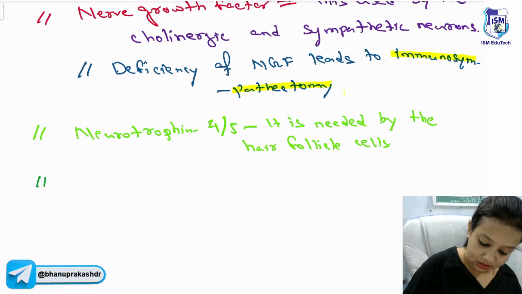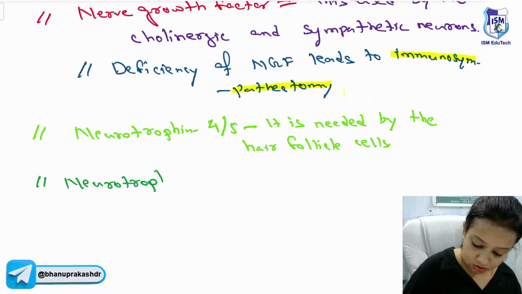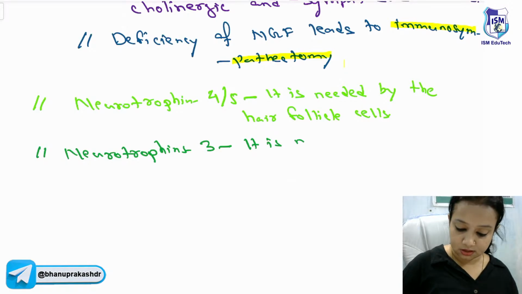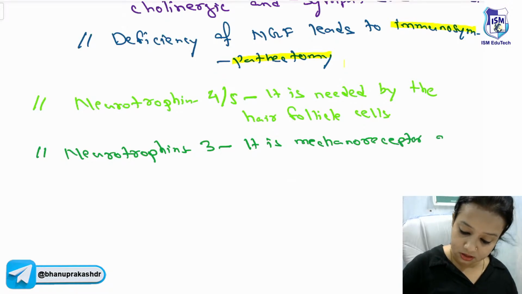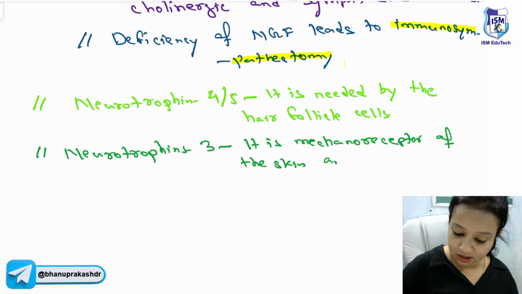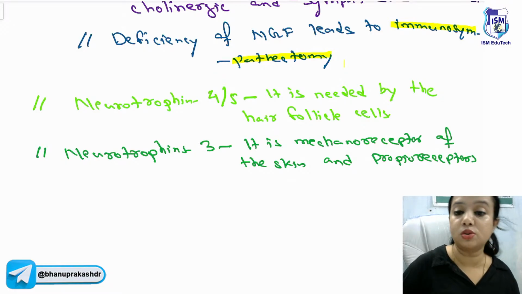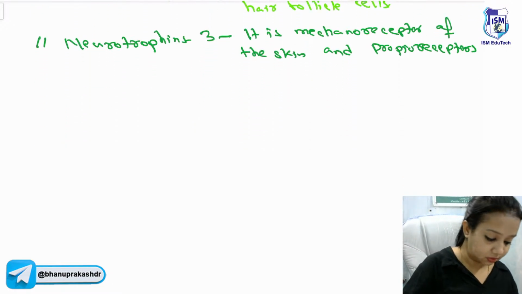Another one, as mentioned, neurotrophin 3, is needed by the mechanoreceptors of the skin and proprioceptors for their growth and nourishment.